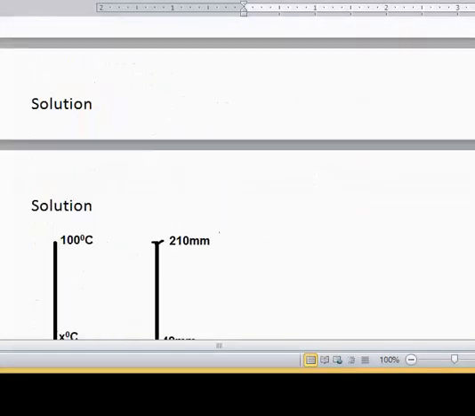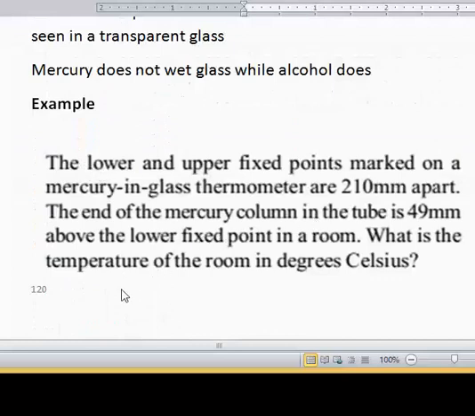Here I have the very first question. An example. It goes this way: the lower and upper fixed points marked on a mercury-in-glass thermometer are 210 millimeters apart. So you have to draw that scale.